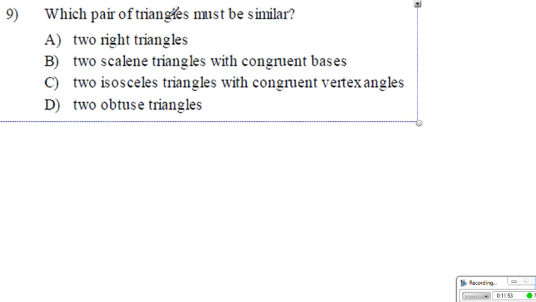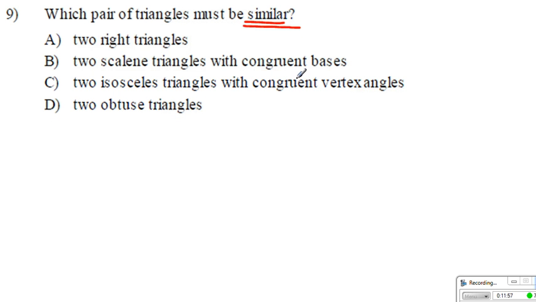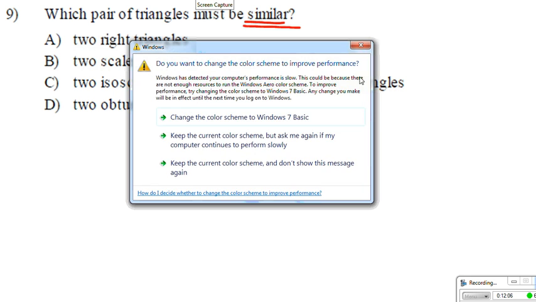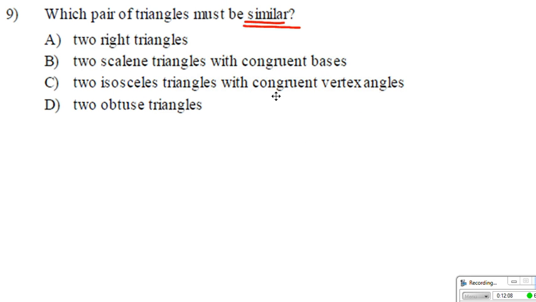Alright, here. Which pairs of triangle must be similar? In order for them to be similar, first angles has to be the same. Two right triangles? Not really, because we don't know about the other two angles. Two isosceles triangle with the congruent vertex angle.